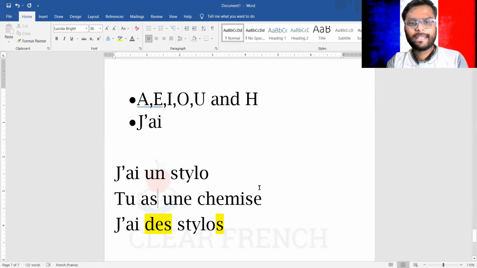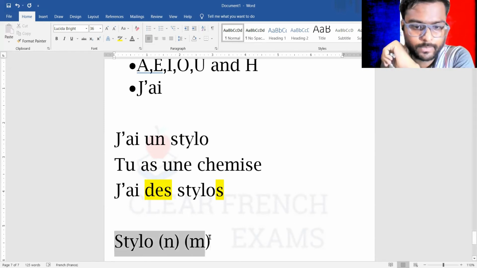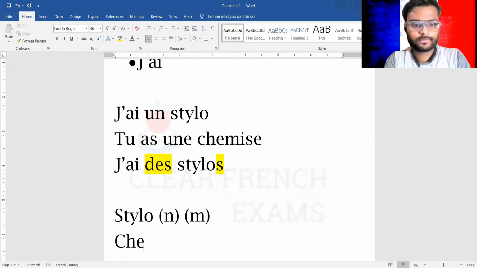N or M will be written with them. For example, suppose stylo is there, you will see this thing in this format in your dictionary. Stylo means, first thing, N means noun, M means masculine. So what will you do? J'ai un stylo. All right. Same thing goes for chemise.